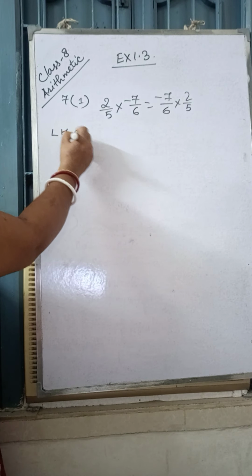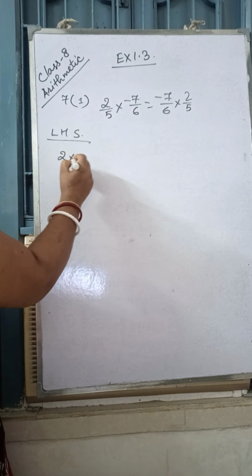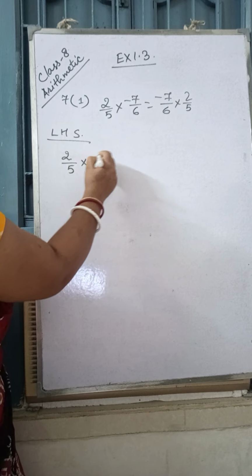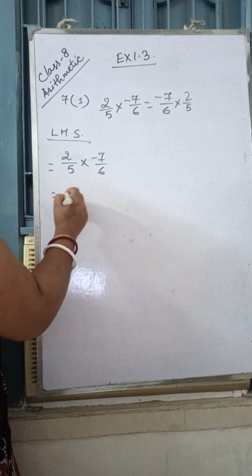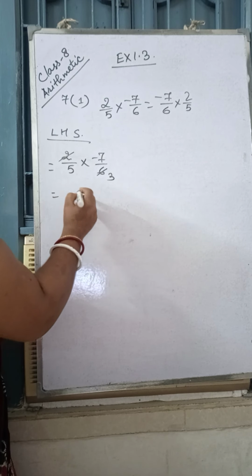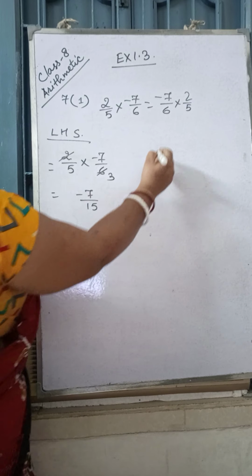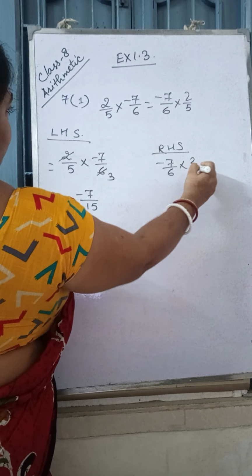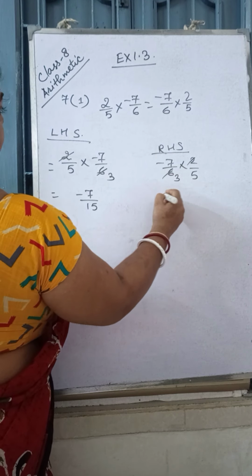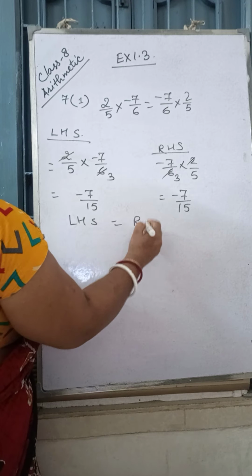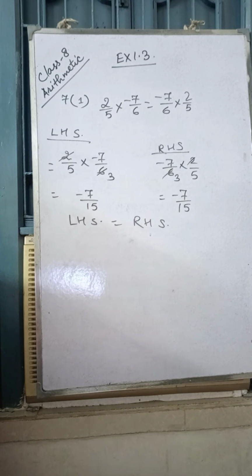So we'll write on the top LHS: 2 by 5 into minus 7 by 6. That gives you minus 14 by 30, so cutting it, this gives you minus 7 by 15. Come to the RHS now. Minus 7 by 6 into 2 by 5 again. So this gives you minus 7 by 15. So LHS is equal to RHS. Left hand side and right hand side are equal. That only we have to verify.